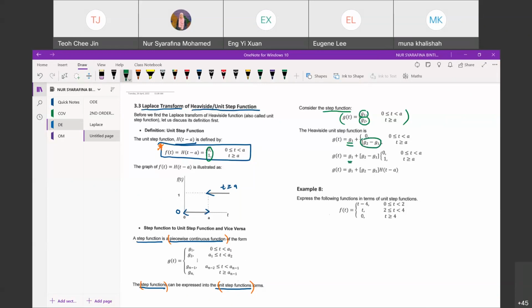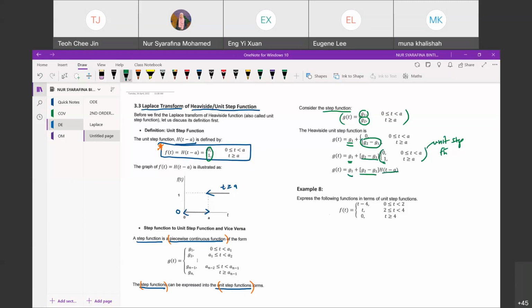So here is g1, then factorize: put this g2 minus g1 outside and then put 1 here. So this is a unit step function. We want to have 0 and 1 there. Now it will be g1 plus (g2 minus g1) h(t minus a). That one is for 2 functions.